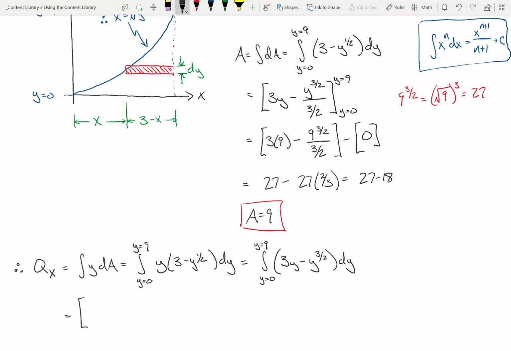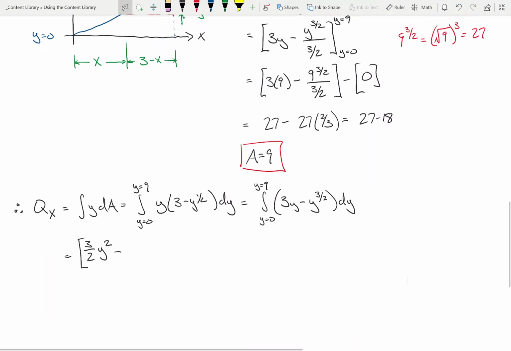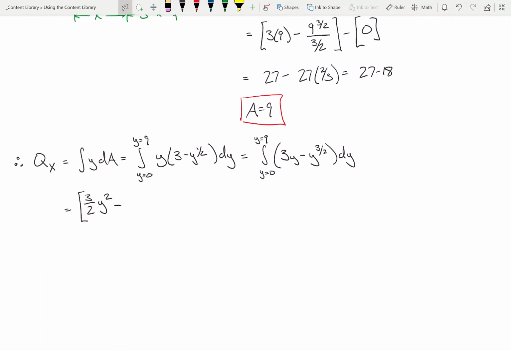What's the integral of 3y going to be? 3 over 2 y squared. There we go. All right, and then this one, 3 over 2 minus, I'll scroll this up a little bit. Okay, y to the 3 halves. So it's y to the 5 halves over 5 halves, right?